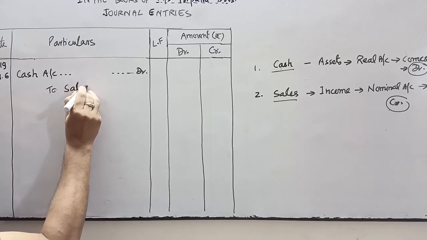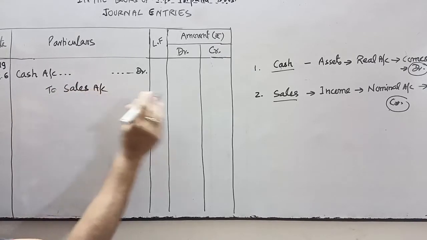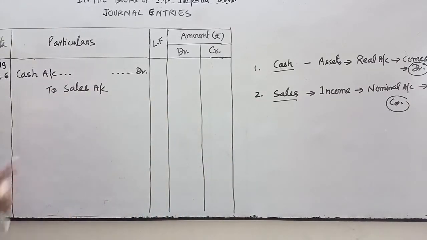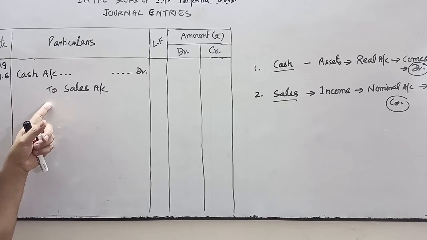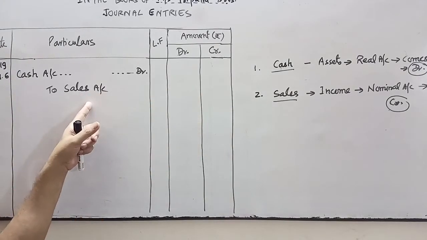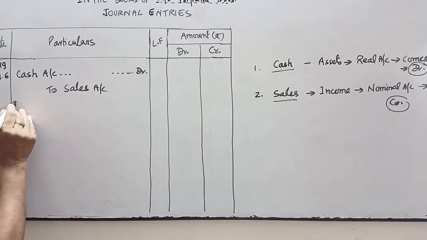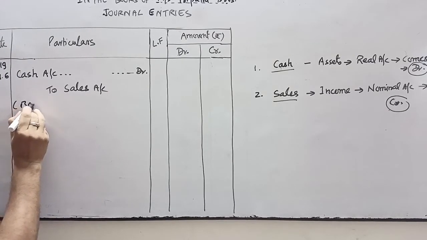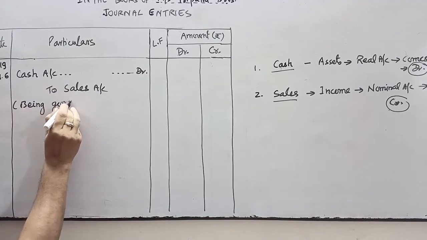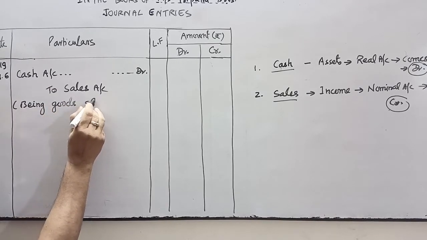How to write the sales in the credit? Start with "To" and then write the name of that account. The narration is: goods sold.